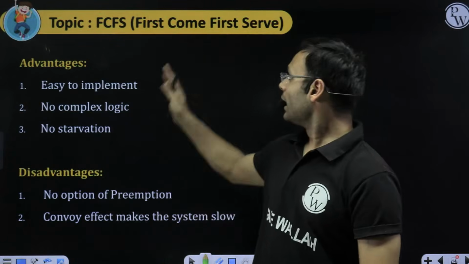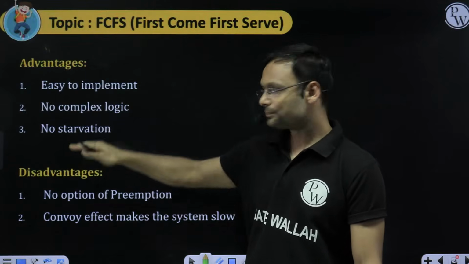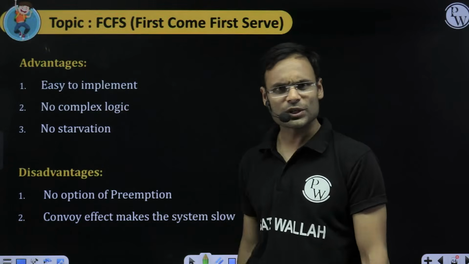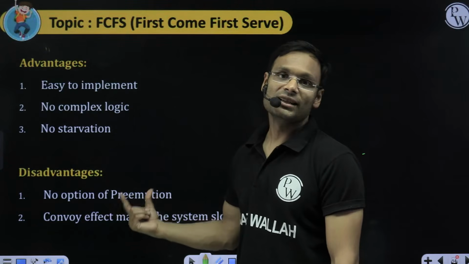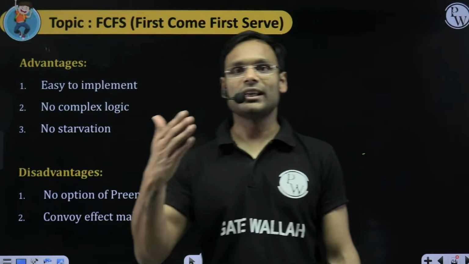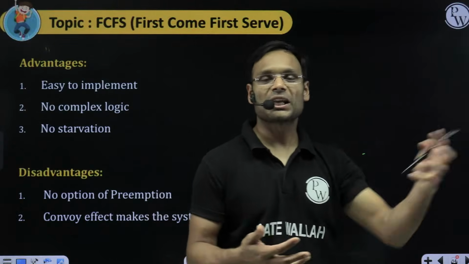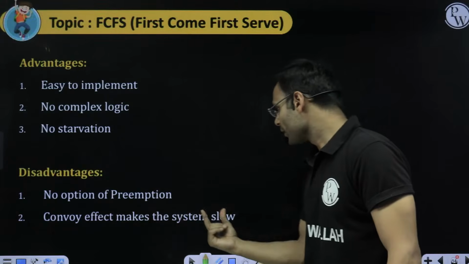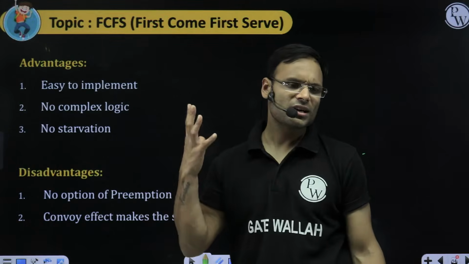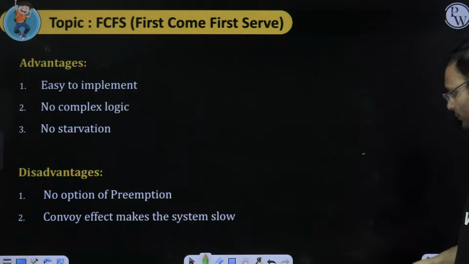But here in FCFS, starvation is not there. There is no any complex logic to implement. Preemption option is not there. That is the disadvantage. If a process is running in CPU, process cannot be forcefully preempted. And next, convoy effect makes the system slow, which I just explained you guys just now.